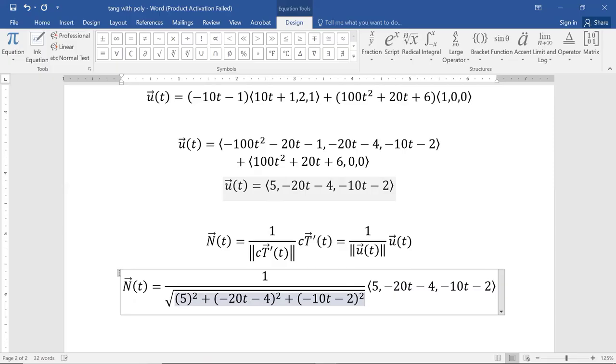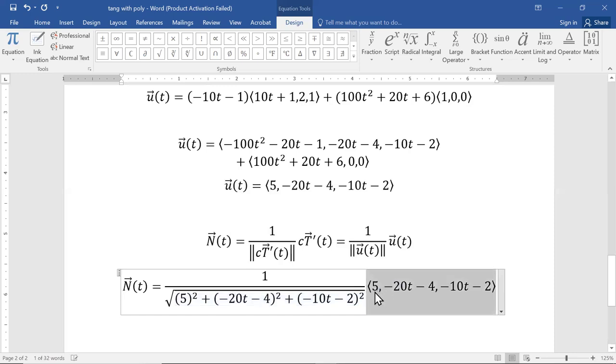If I wanted to multiply that out and simplify, I can. That's perfectly fine if you want to expand what's underneath the square root, but I'll leave it as that for right now. Obviously, this unit normal vector is a messy vector, but the important part is the direction.